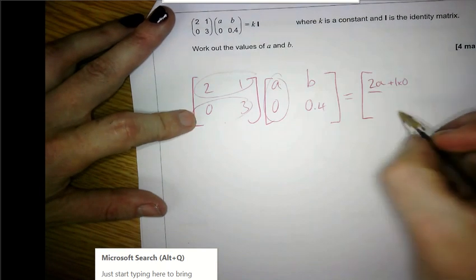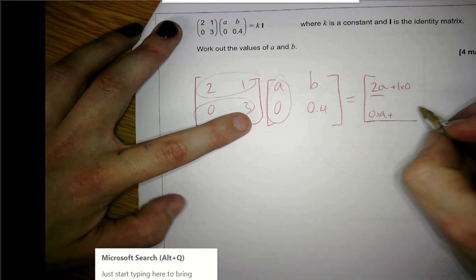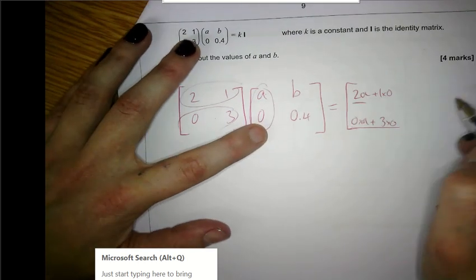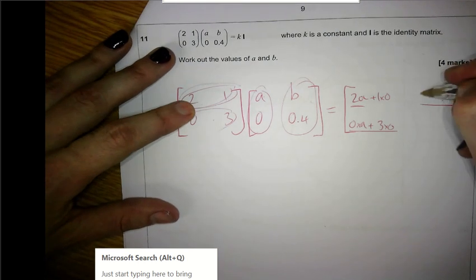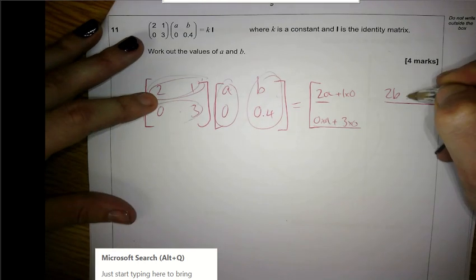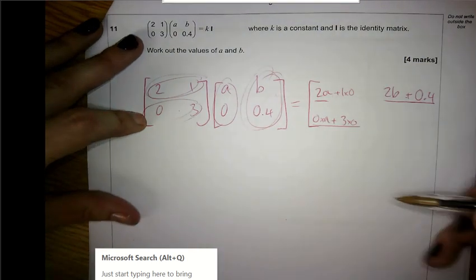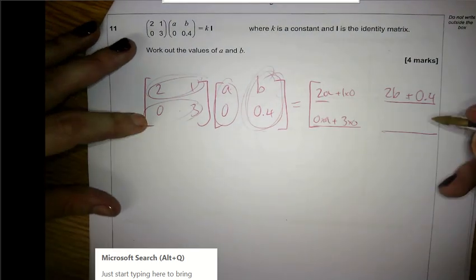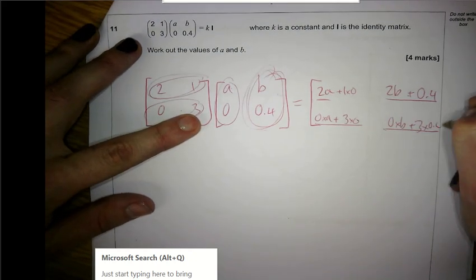Bottom row times left column: 0 times a plus 3 times 0. Top row times right column: 2b plus 0.4, and then bottom row times right column to work out bottom right element: 0 times b plus 3 times 0.4.